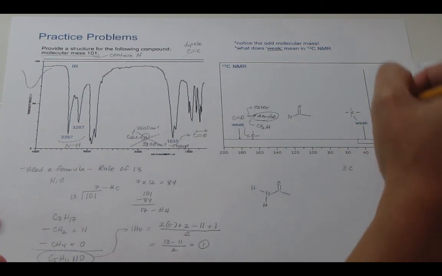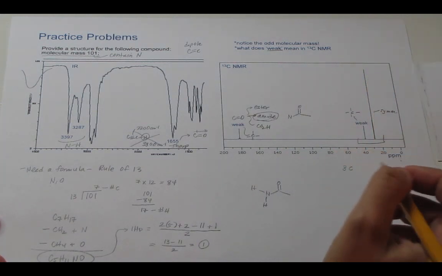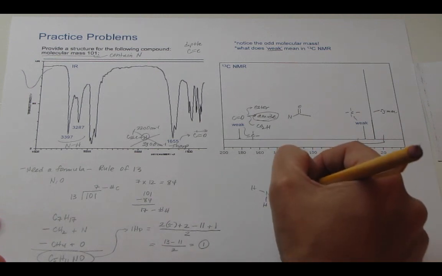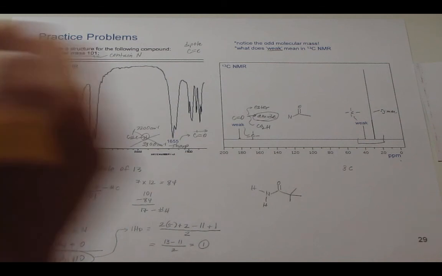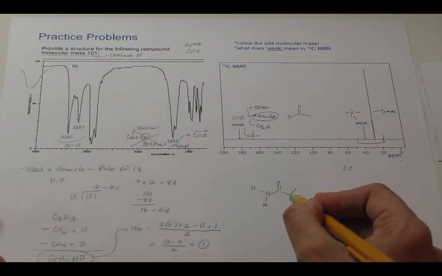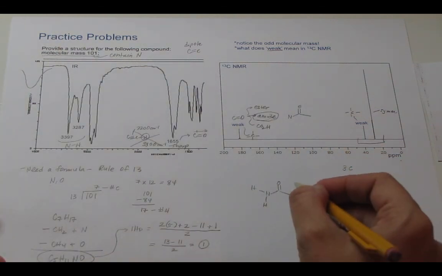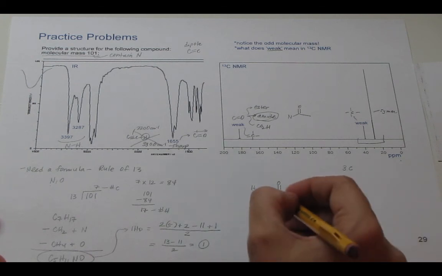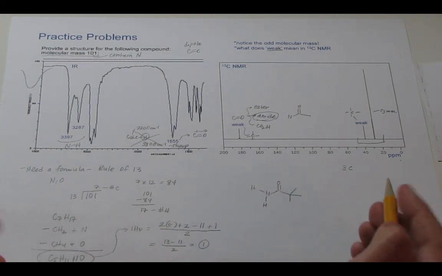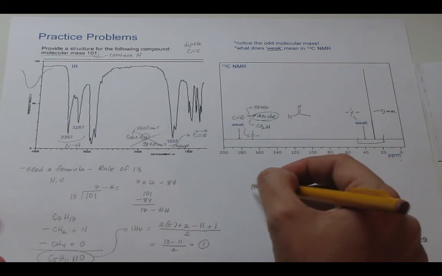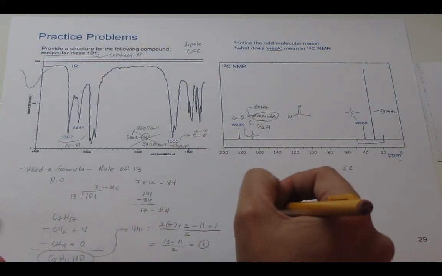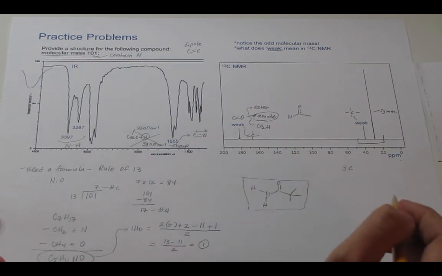And the only way to do that, and we must have symmetry as well, because we have fewer peaks than carbons, is the only way that you can attach them all, get your quaternary carbon, and have your 3 carbons extra on the molecule. So 1, 2, 3, 4, 5. So you have C5, there are 9 H's here, 10, 11, NO. And so this is our formula, this amide.